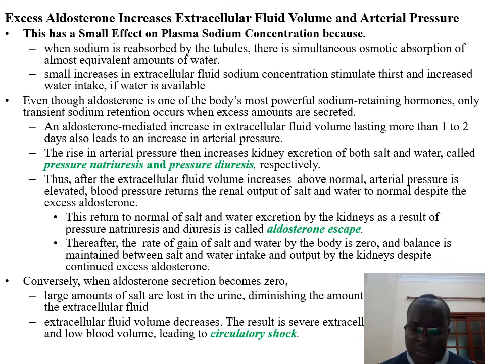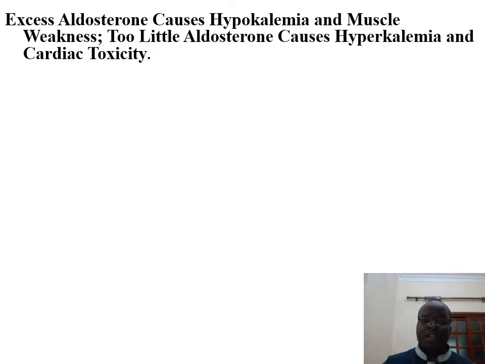The extracellular fluid volume decreases. The result is severe extracellular fluid dehydration and low blood volume, leading to circulatory shock. So without aldosterone, you can have circulatory shock that can actually cause something that I've already explained.